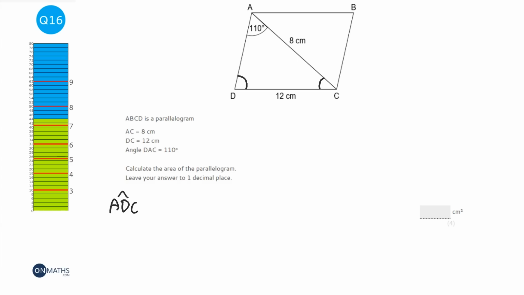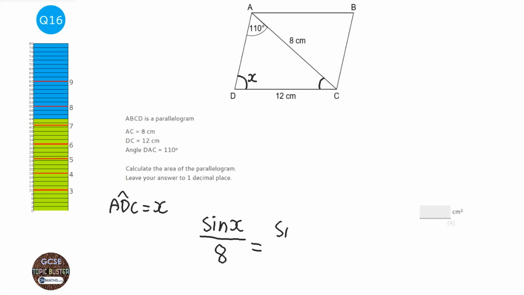Now to do that, let's call it x, so it's a bit easier to write. So I'm going to use the sine rule, and that says that sine x over 8 equals sine 110 over 12.